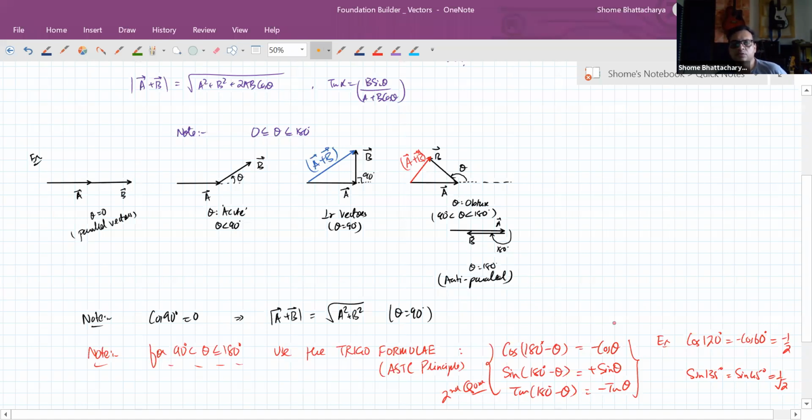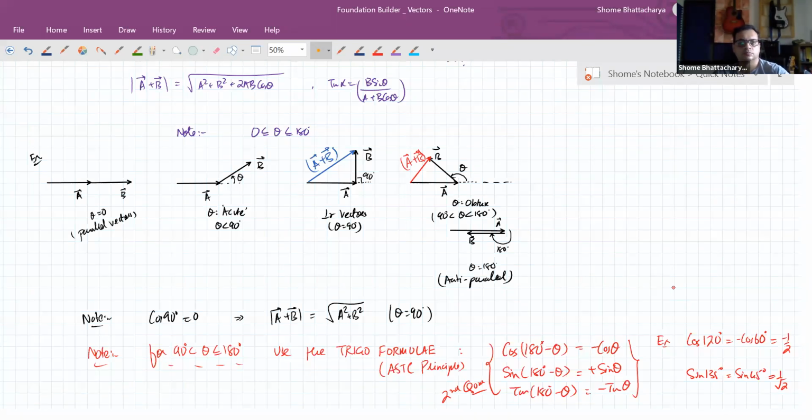Hope you have understood this, and just make a note of these formulae first. Then when we apply it in some questions of triangle law application, it will be easier for us to understand.